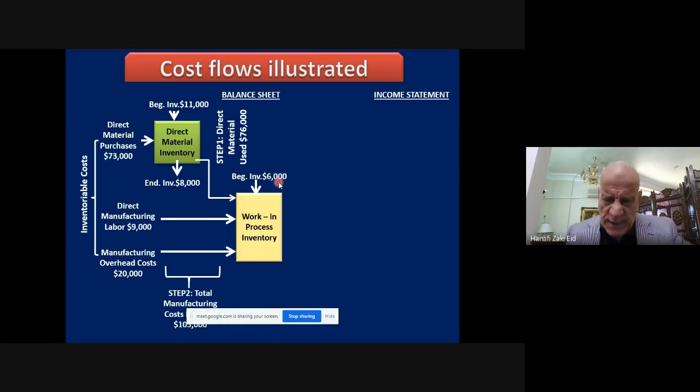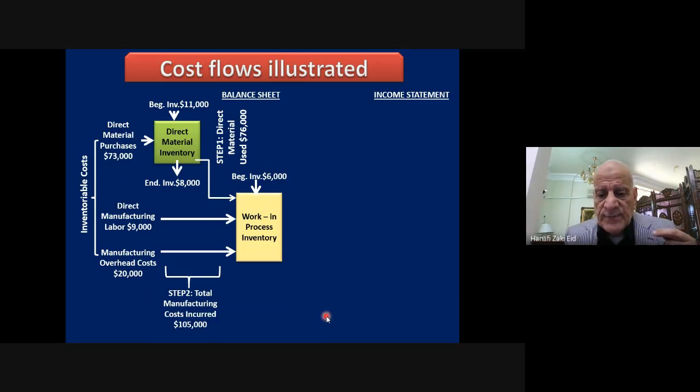And during the new period, we incurred manufacturing costs, which is called inventoriable costs, with the amount of $105,000. This is the total of the three manufacturing costs.